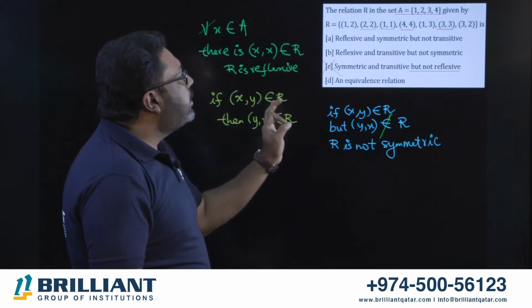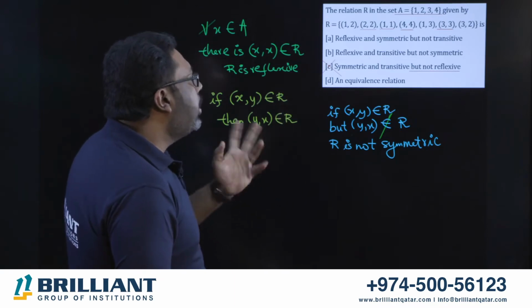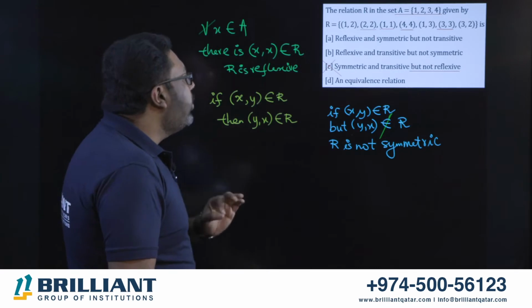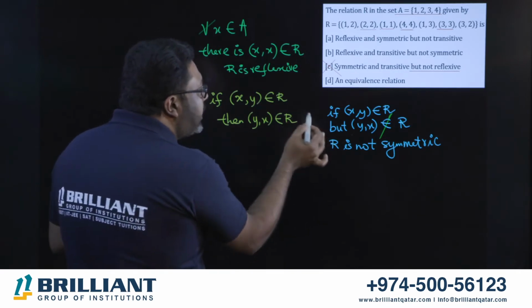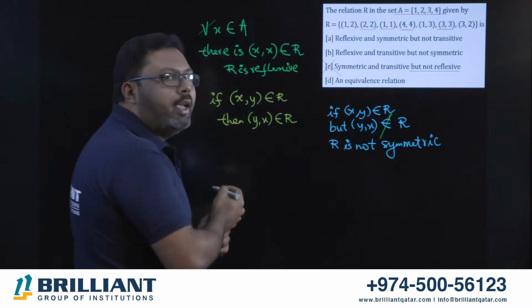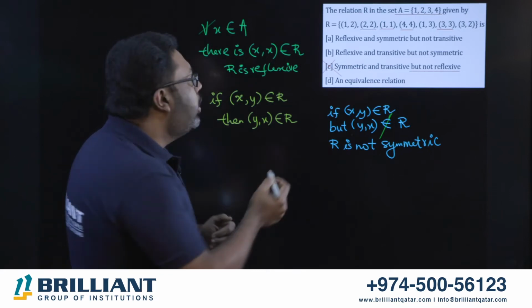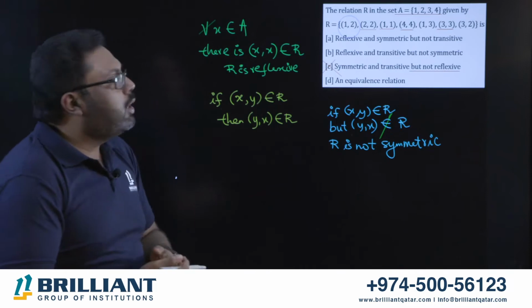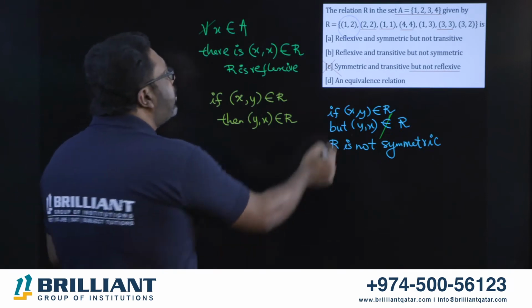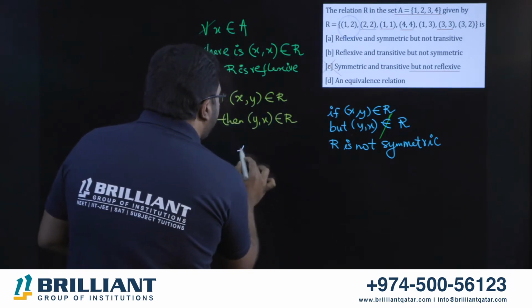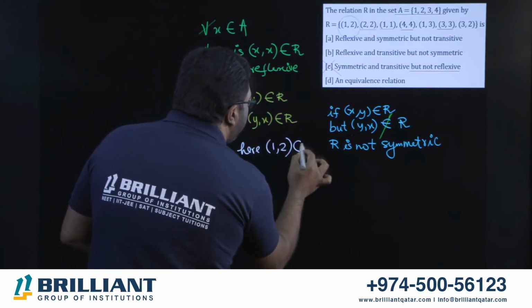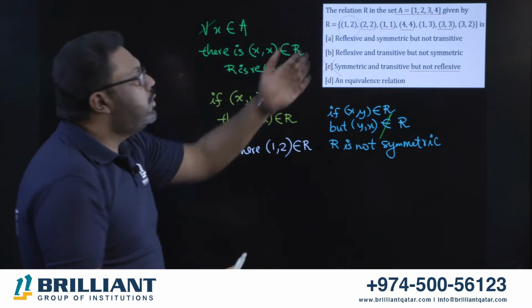The options are: reflexive and symmetric but not transitive, reflexive and transitive but not symmetric, and equivalence relation. So let me check if I have an (x, y) inside the relation R. Look at it. I do have an (x, y) inside the relation R. Can you see (1, 2)? So I will say here (1, 2) belongs to the relation R. But do I have a (2, 1)?